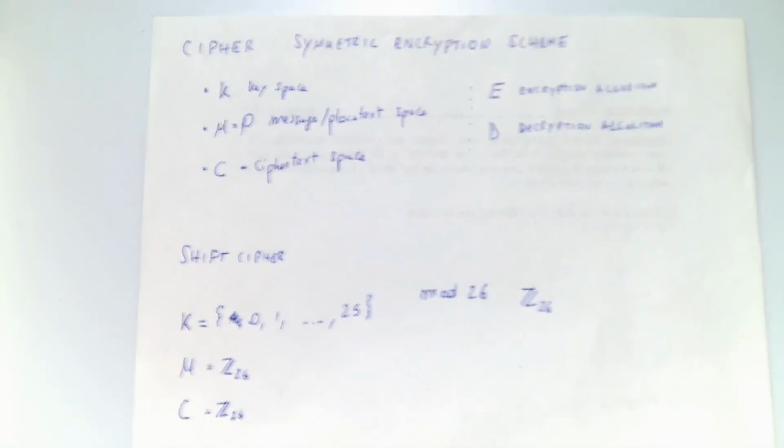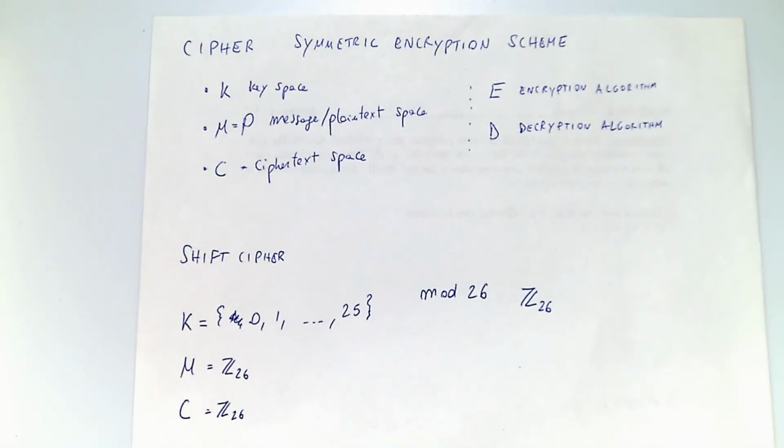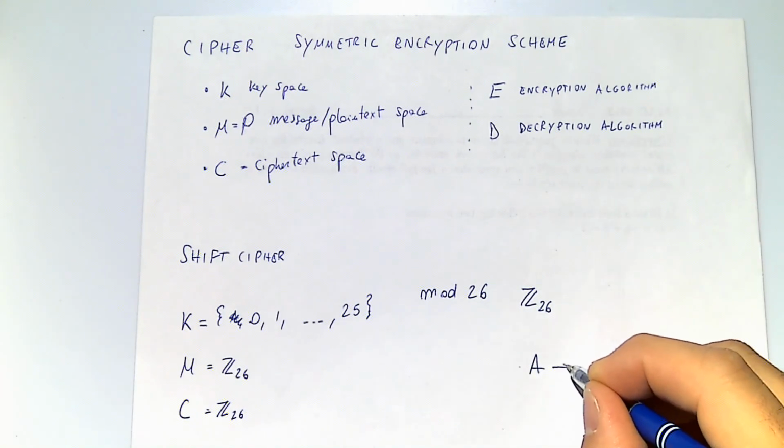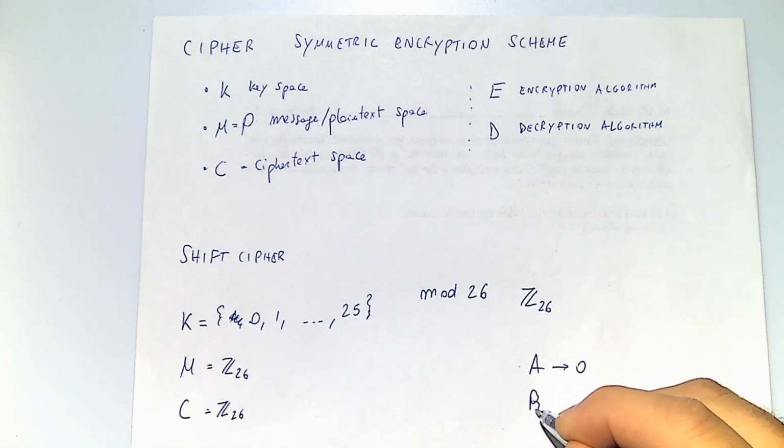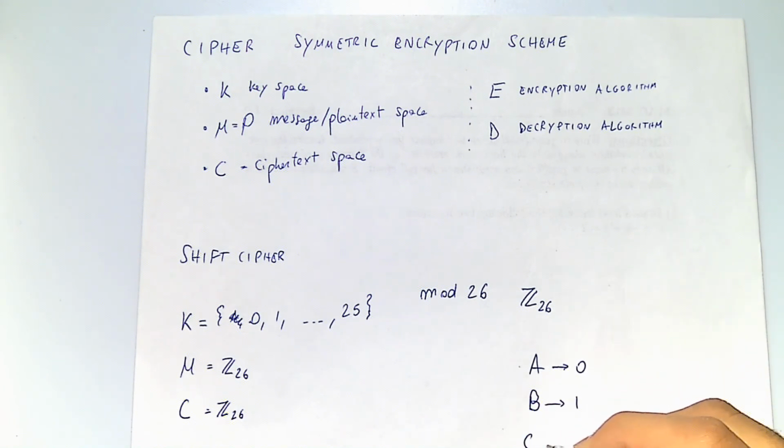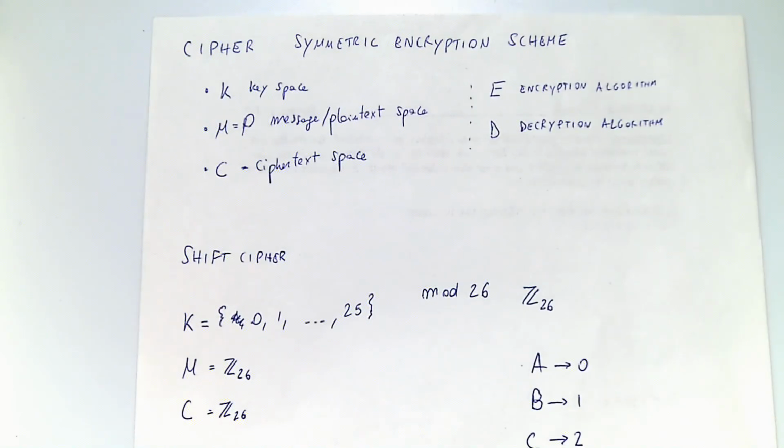If we say this is just one letter, then we apply the key by doing addition. So we can identify, for example, the A with the 0, the B with the 1, the C with the 2. This is not mandatory, it's just the most normal way. You can have another mapping if you want.